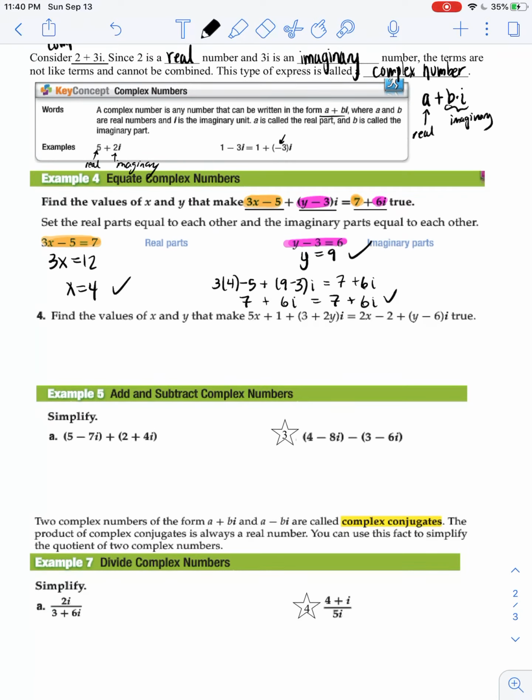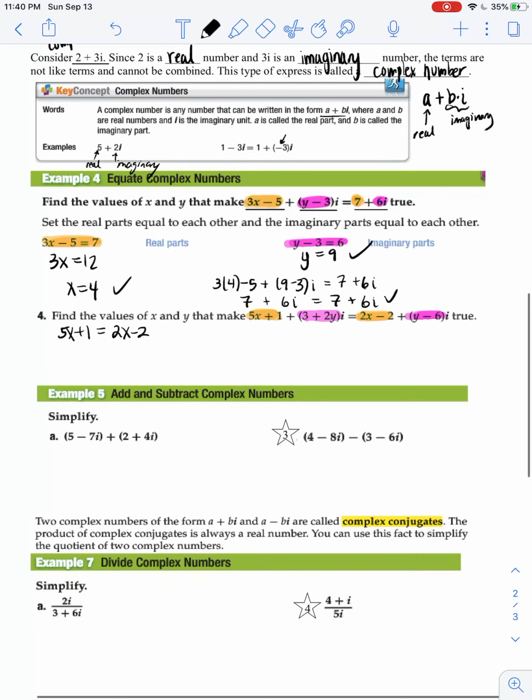So this next one, it says find the values of x and y that make this true. So look at your real portion. This part is real, this part is real because it's not attached to i. And then the imaginary parts, that's 3 plus 2y times i, and then y minus 6 times i. So we're going to set those equal. 5x plus 1 equals, on the right side, 2x minus 2.